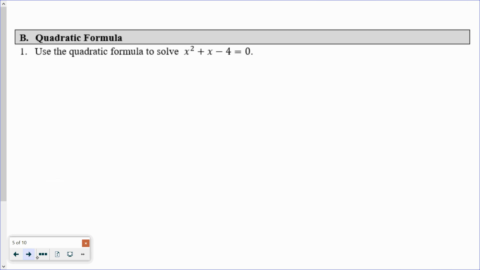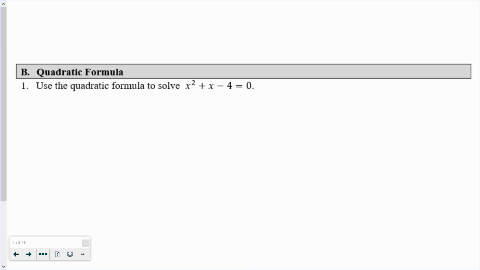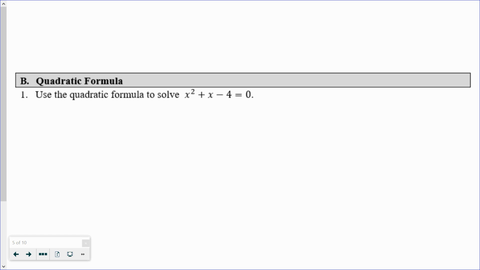So the quadratic formula, this was a big beast that you did in 20-2, and it will be on your data sheets. So just to refresh you on what it actually is, x is equal to -b, plus or minus the square root of b squared minus 4ac.